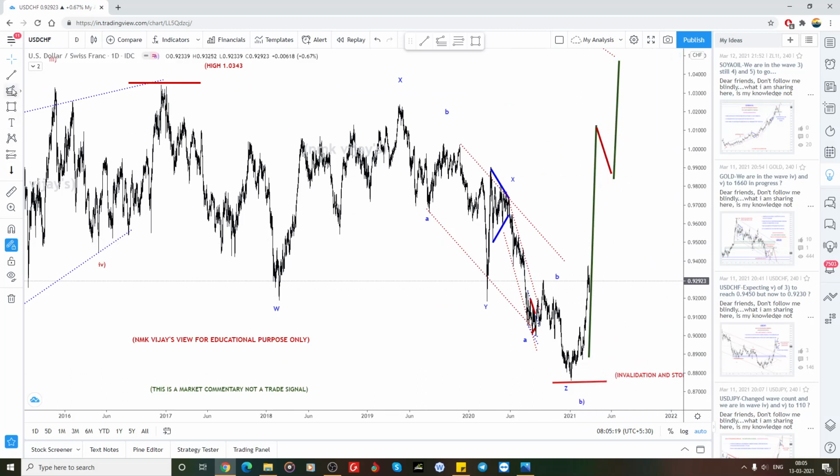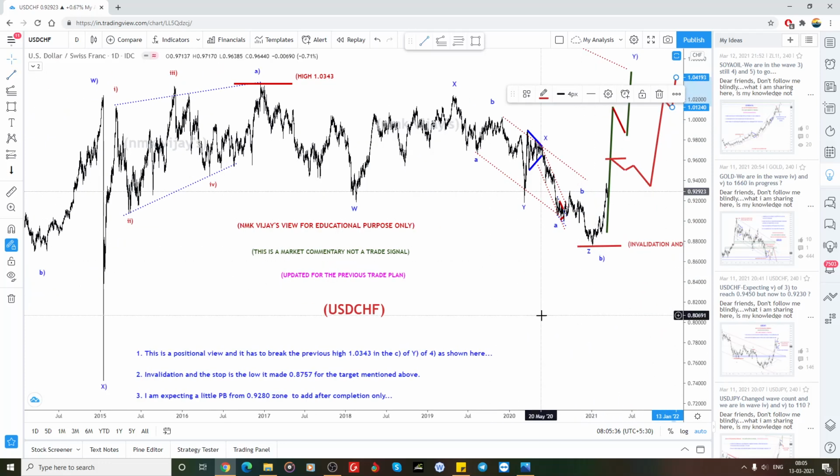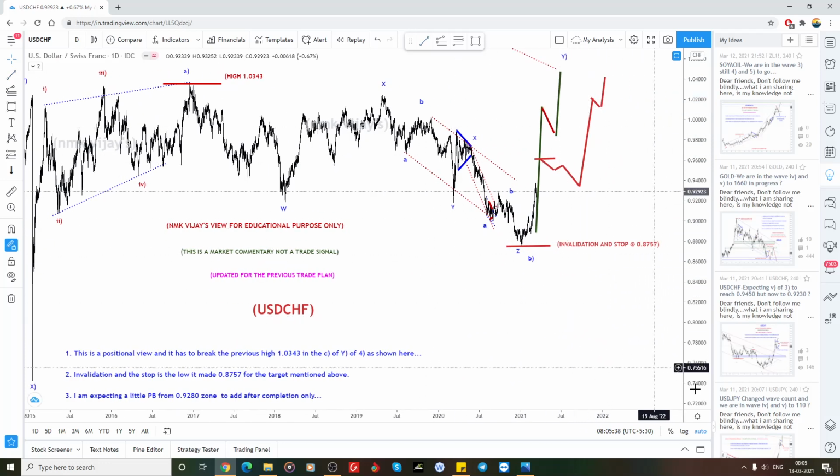So if it completed that first wave within this zone, and again there is a three-wave structure for the second, and then third, and then again a fourth wave, and again that fifth wave. So it could be like this. So let's see, right?